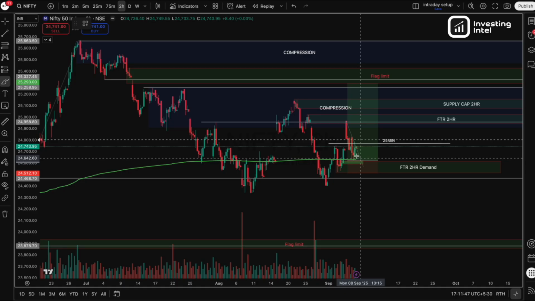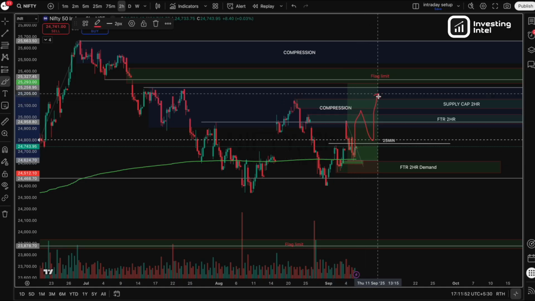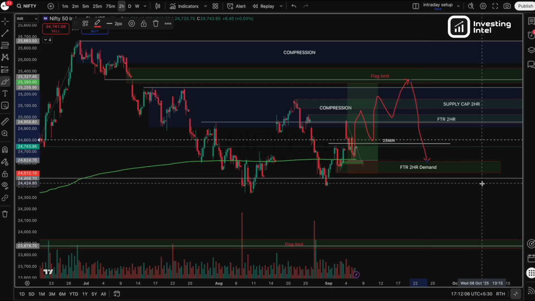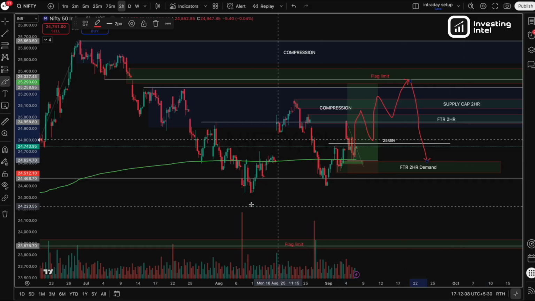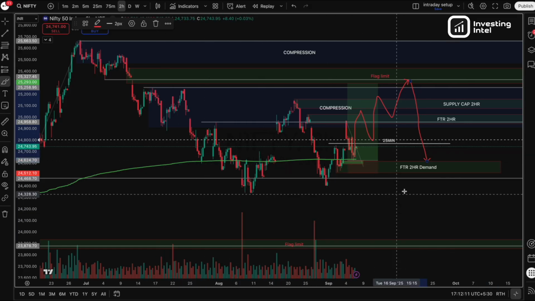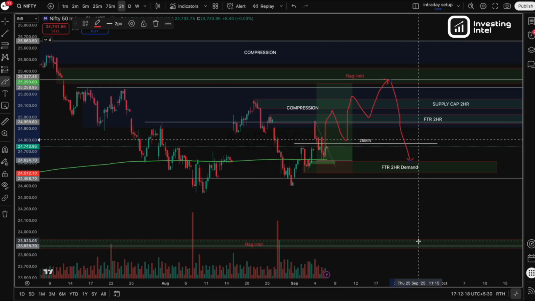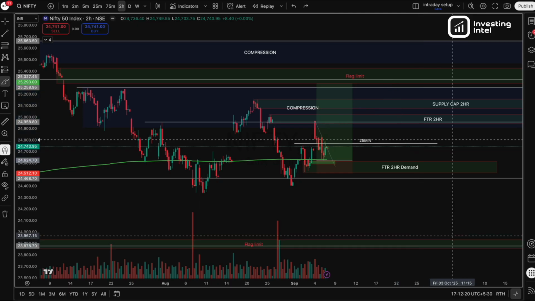Only if you see price coming like this, then we can think of shorting at this zone to see a target till this level, because this is also a tested zone. If such a thing happens, the level I'm expecting is 23,900 on the downside.